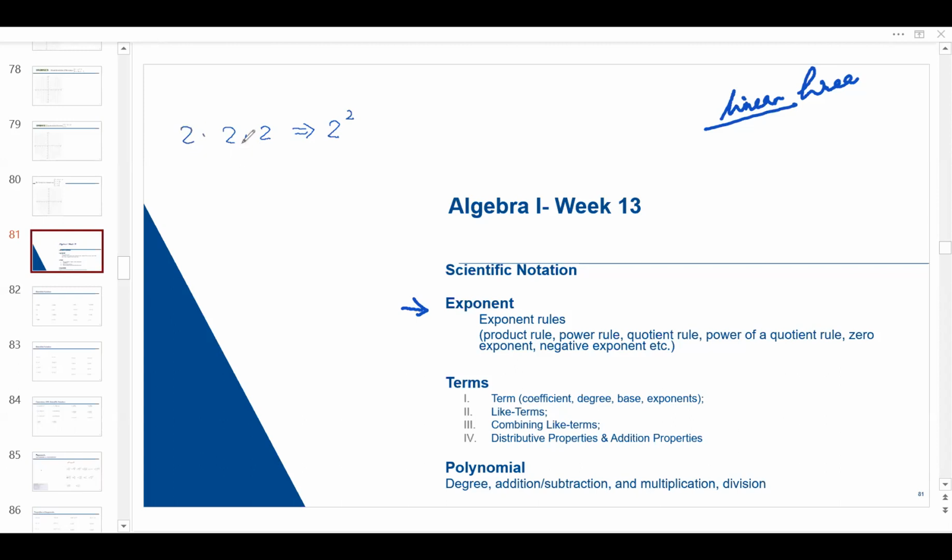And if you have 2 times 2 times 2, that's actually 2 to the power 3, or 2 cubed. So if a number is multiplied by itself several times, we can describe it this way. If I have n twos multiplied together, it becomes 2 power n. Did you guys learn this one? You learned this already, right?